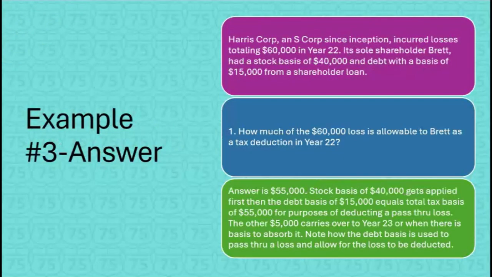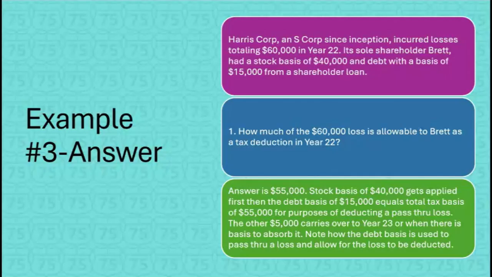And the answer is $55,000. The stock basis of $40,000 gets applied first. Then the debt basis of $15,000 equals total tax basis of $55,000 for purposes of deducting the pass-through loss. The other $5,000 is going to carry over to year 23 or when there's basis available to absorb it.